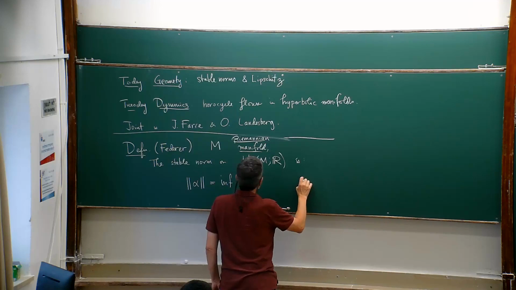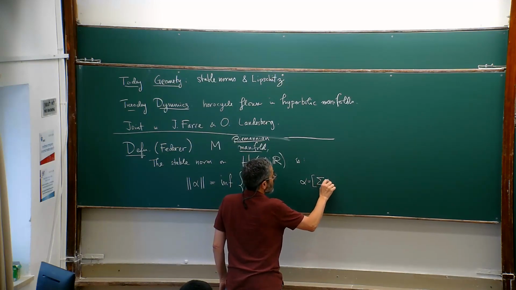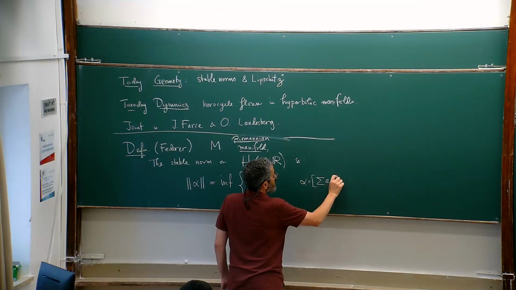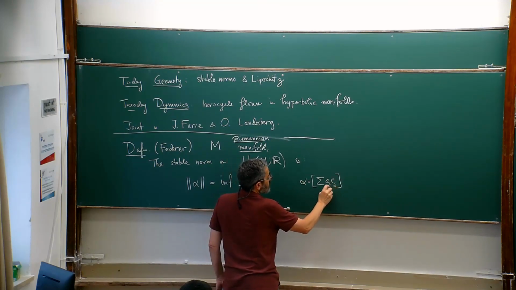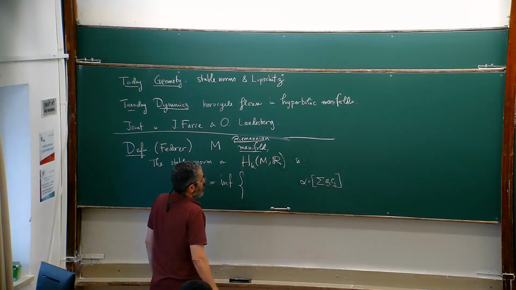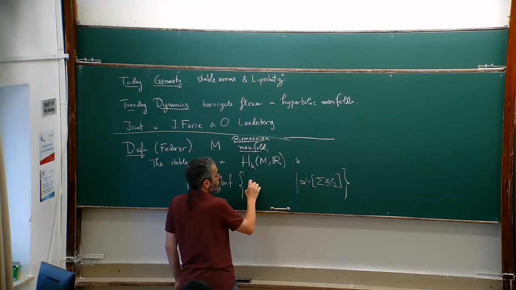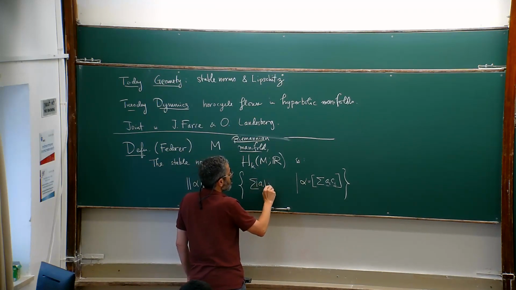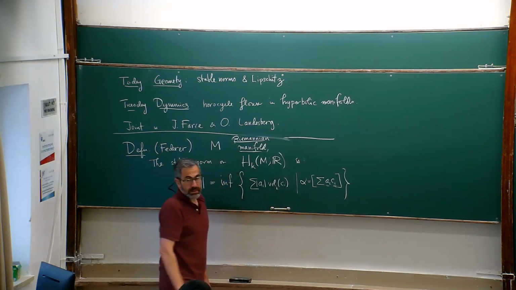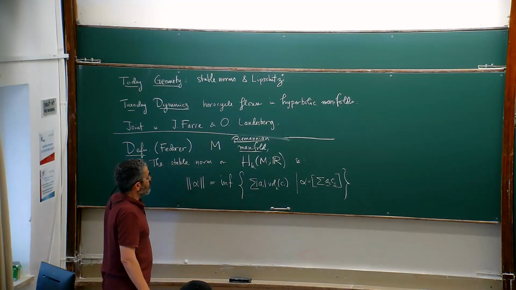If you write alpha as the homology class of a chain, sum of a_i c_i, this is a k-dimensional chain, the c_i are simplices, and the a_i are the coefficients. You look at all such expressions, and then you write down the size of this in the manifold, which is the sum of the absolute values of a_i times the k-dimensional volume of the simplices. It's not hard to see that this is in fact a norm.